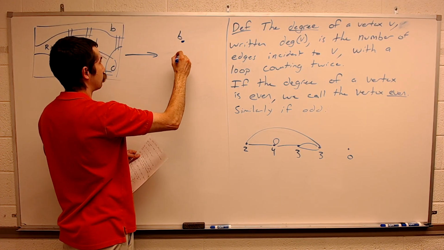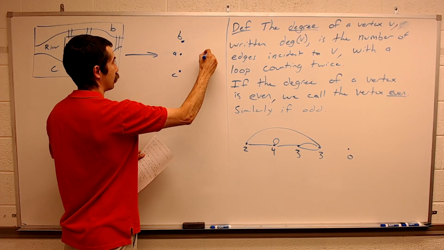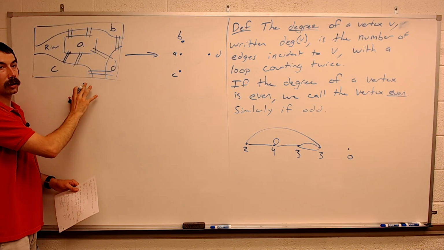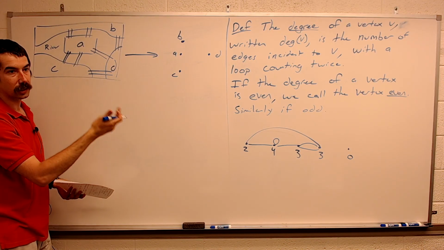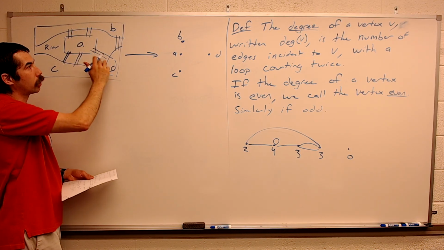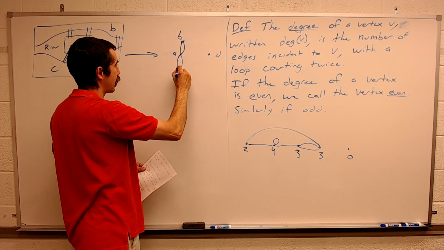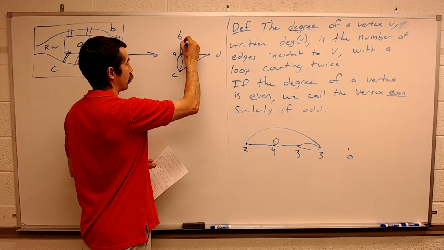Here's B, here's A, here's C, here's D. Okay, so those are our 4 land masses, and then an edge will represent that there's a bridge between them. And so we have 2 edges from B to A, 2 from A to C, 1 from C to D, 1 here, and 1 here.